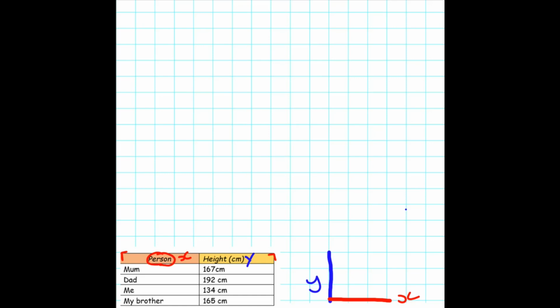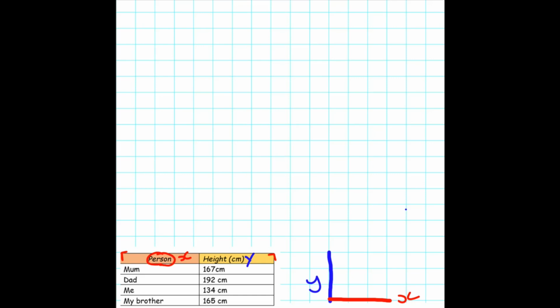Now, the second thing I need to decide, now I know which one's going to be my x and which one's going to be my y, is how long to make my lines, and it's where we start to talk about intervals. An interval is a space between two things. I'm going to start with the x-axis first.